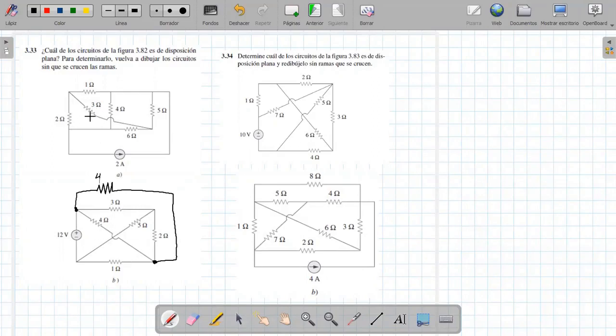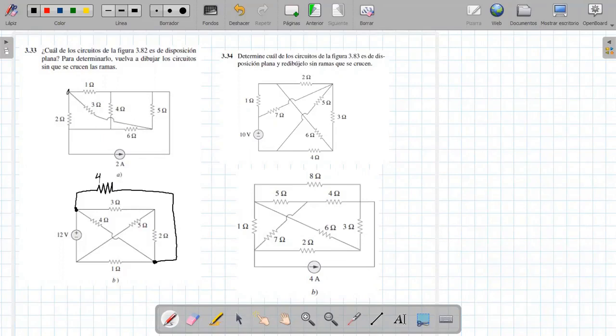This one here cannot be done the same, because look. Not only could it be the 4 ohm resistance over there, but he could have sent it this way, right? And as for this one, you can't, because this conductor is inside 2 or 3 branches.